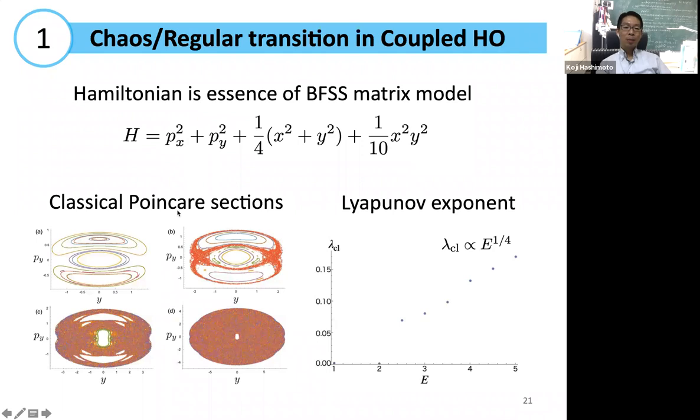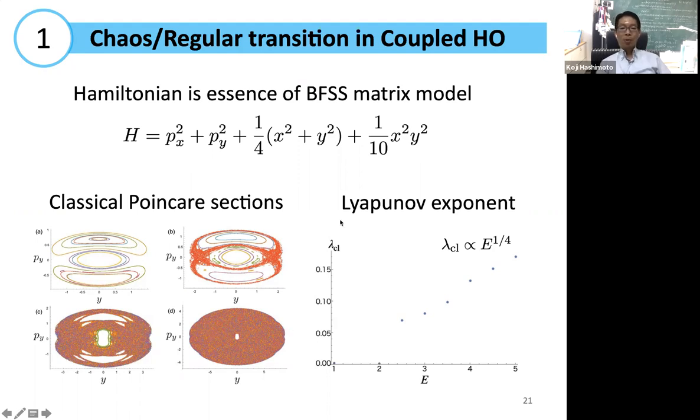In fact, if you look at classical Poincare sections of this classical system, then at low energy the orbits are regular. However, if you increase the energy like this, and this, then at higher energies it becomes chaotic. So there is a phase transition between regular phase and chaotic phase.